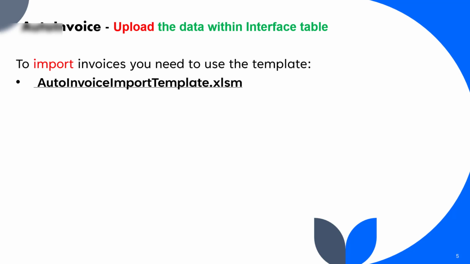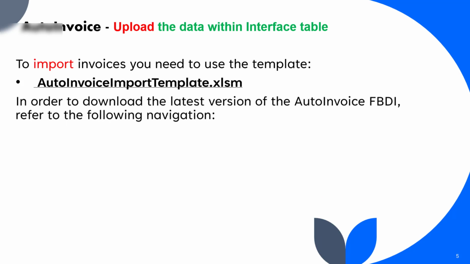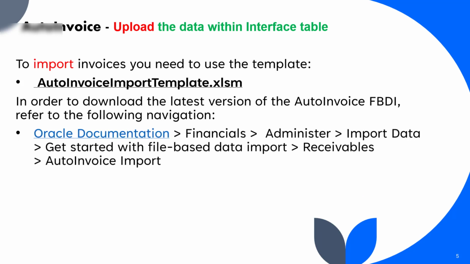This is the name of the template, AutoInvoice import template.xlsm, or you can download the last version of this. You just follow this navigation: Oracle documentation, financials, administrator, import data, get started with file-based data import, receivables, AutoInvoice import.